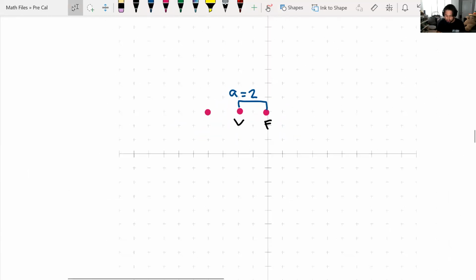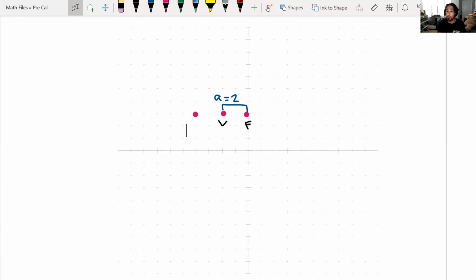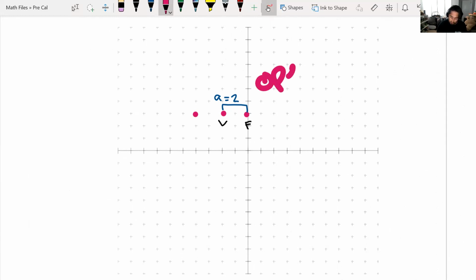Now, how do we know it's going to be a vertical line? Well, first of all, one thing we must notice is that the focus is to the right of the vertex, which means this parabola is going to open to the right, right?